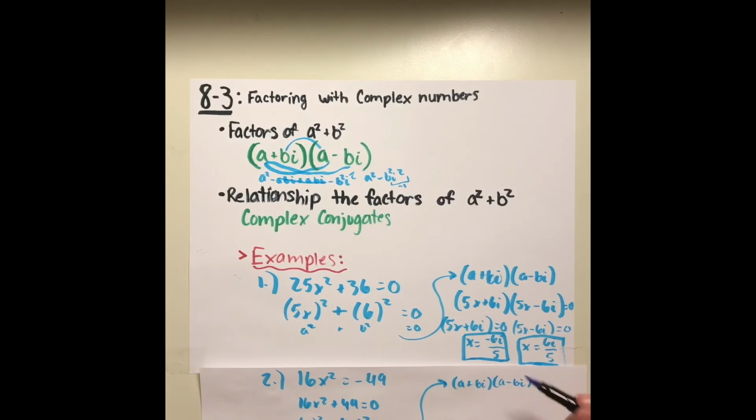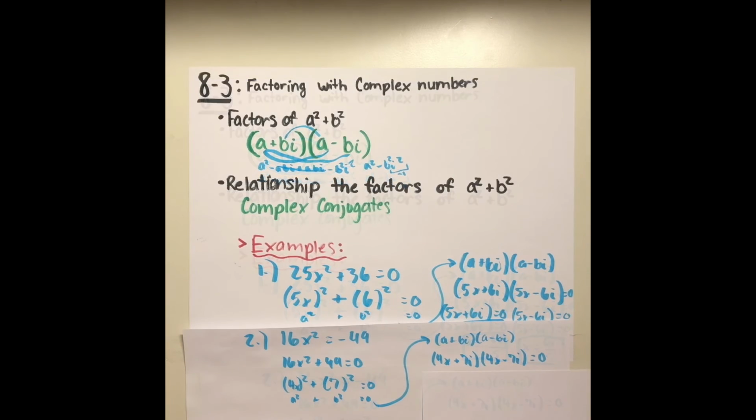So now we just do what we did here. So 4x plus 7i times 4x minus 7i equals 0. Now that we have it in the form of the complex conjugates, we just simply solve like we would in normal factoring.